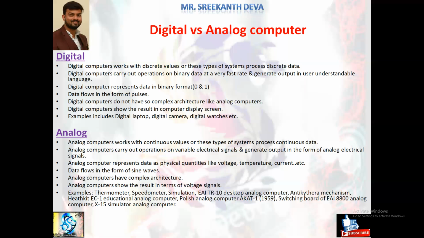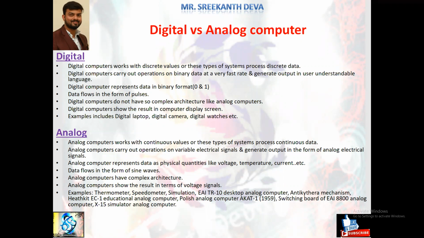Analog computers carry out operations on variable electrical signals and generate output in the form of analog electrical signals. Digital computers basically work by counting and adding binary digits; they are based on counting related operations. But analog computers work by measuring analog or electrical signals.